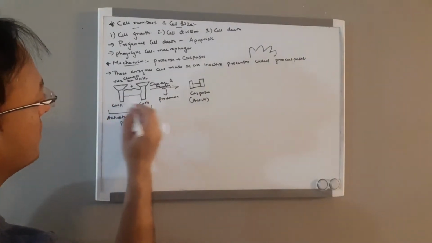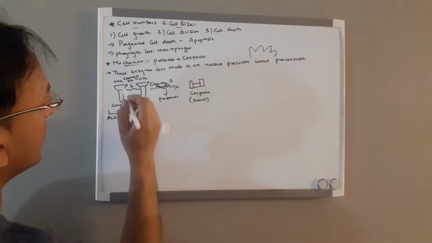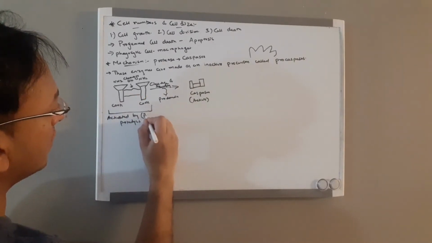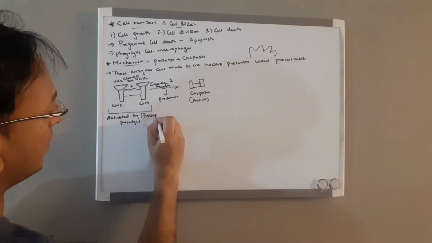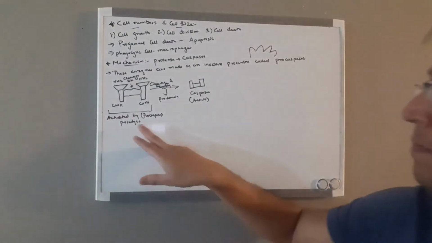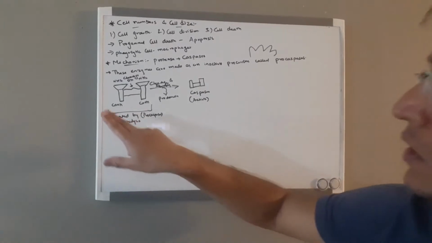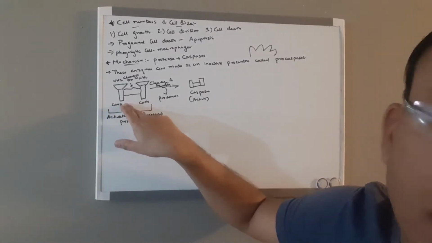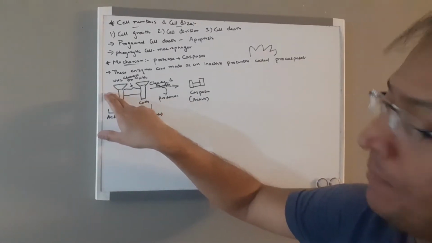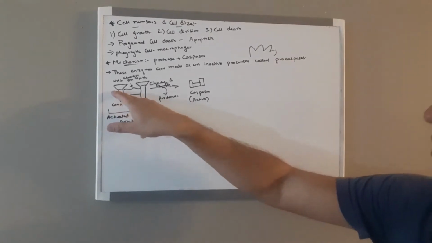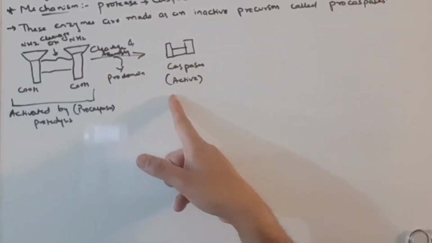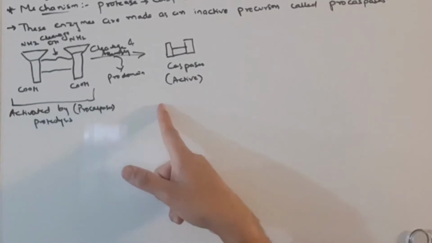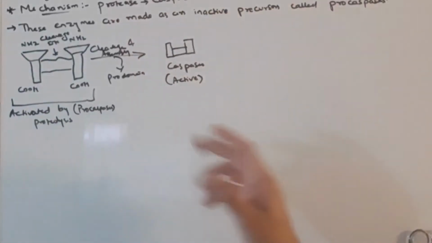These two are procaspases, right? Both procaspases are cleaved by a protease enzyme, and both together are joined to make one active caspase. That is responsible for apoptosis.